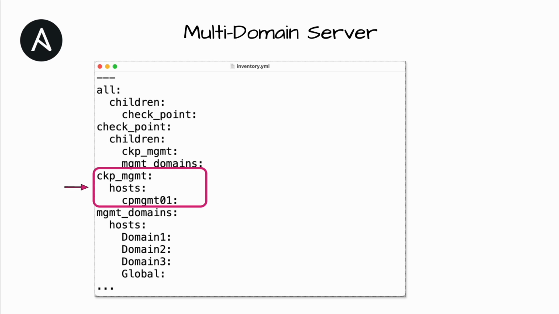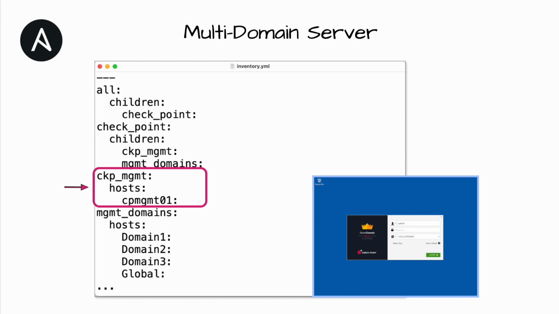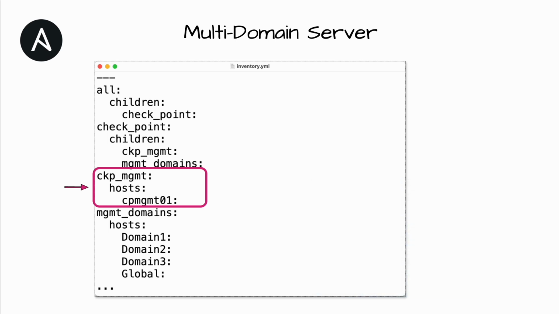The group CKP_MGMT will be used for the root of the MDS server. Just like in Smart Console, this management group of MDS hosts is where you will assign the global domain to your individual management domains. That's also where you add and delete domains, administrators, trusted clients, etc. This will be your system data domain.